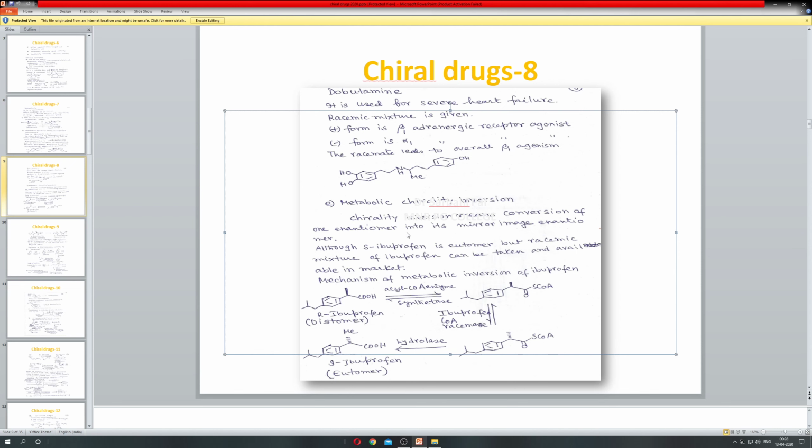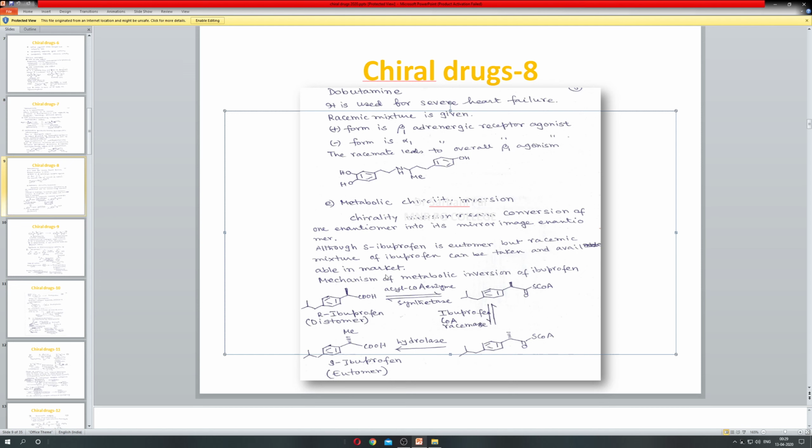Now in this case, the best example of metabolic chiral inversion is ibuprofen. Inside our body, the R ibuprofen, which is the distomer, gets converted into S ibuprofen by taking the help of enzymes.